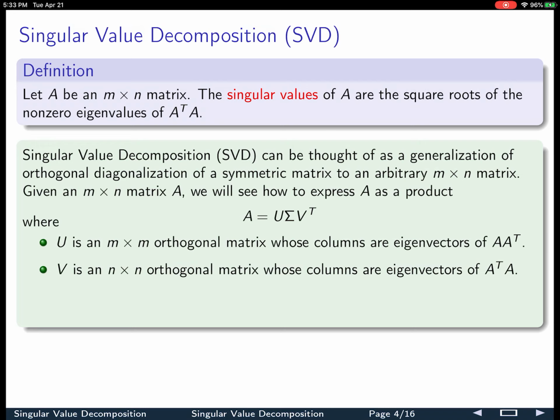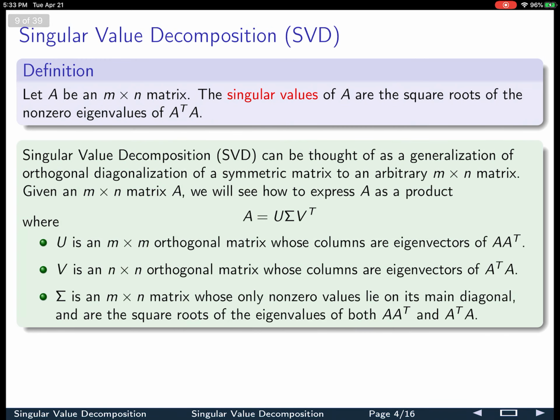Do notice that U and V are different sizes. They're both square matrices, but they're different size square matrices. And sigma is the rectangular matrix that has the same dimensions as the original matrix A. It's a lot like the matrix D in the orthogonal diagonalization, because the singular values are on the main diagonal of this rectangular matrix.